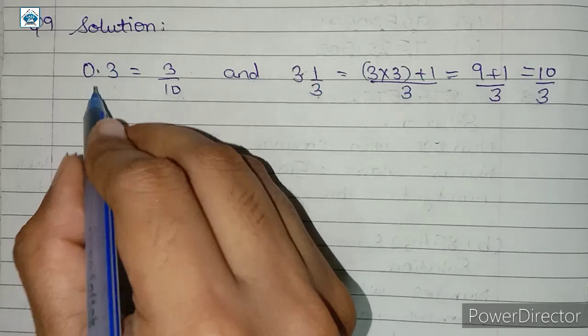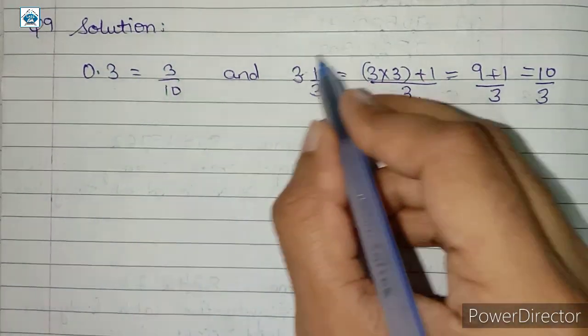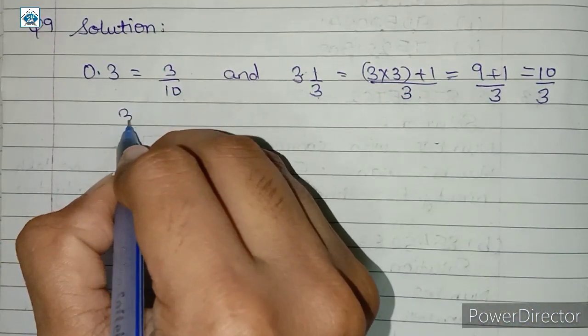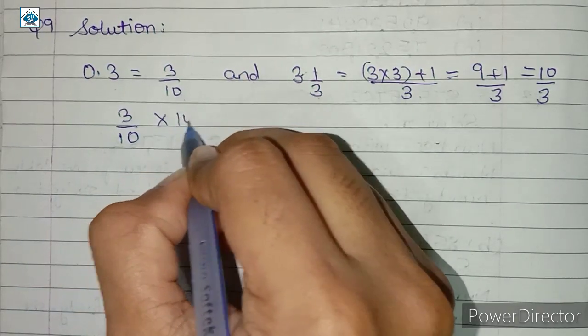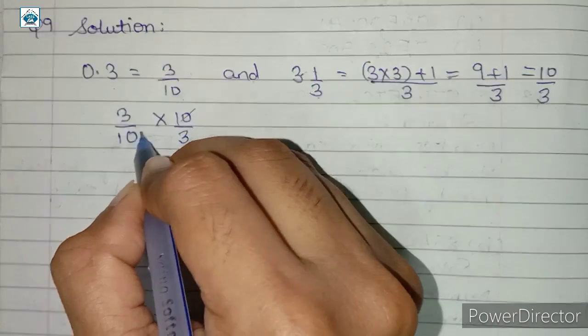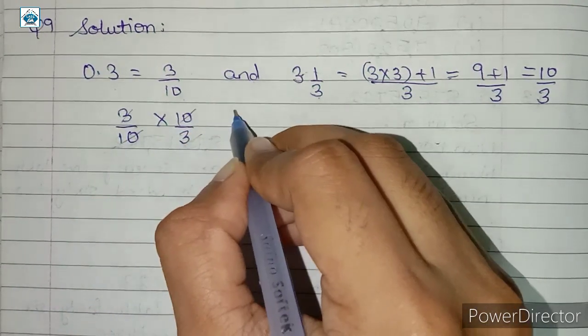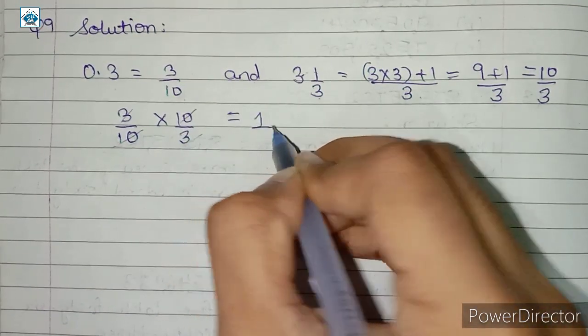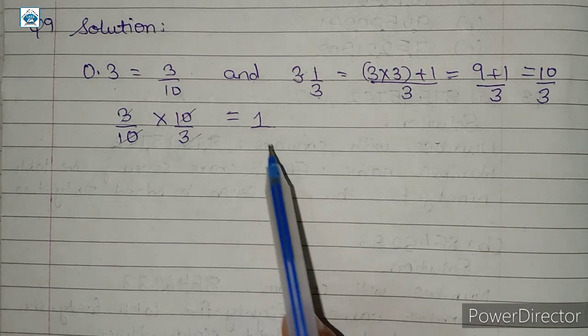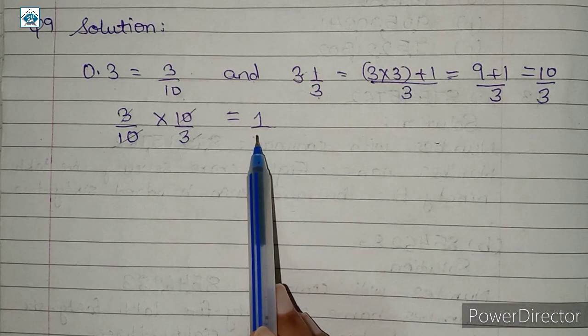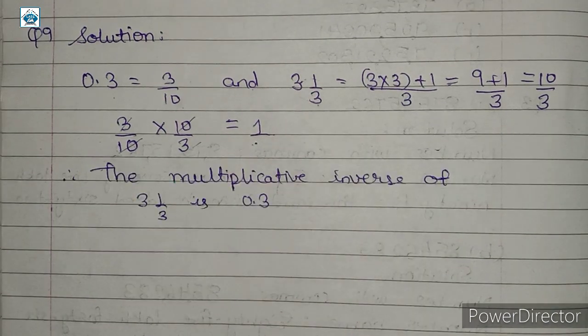So when we multiply these two, that is 0.3 and 3, 1 by 3, we will be actually multiplying 3 by 10 and 10 by 3. So here these get cancelled and this will be equal to 1. Therefore, the multiplicative inverse of 3, 1 by 3 is 0.3, because when we multiply, the answer is 1. In this way, you need to write the solution in your notebook.